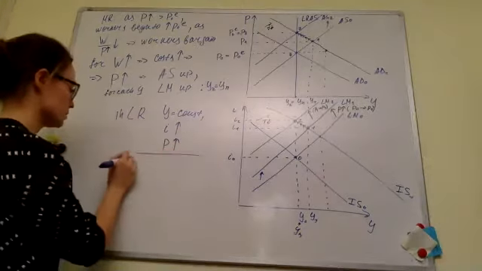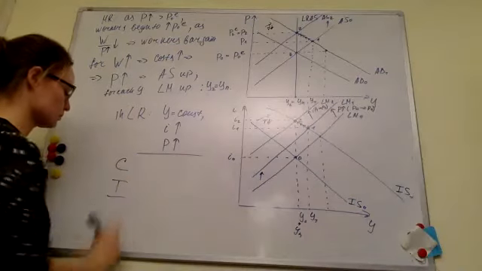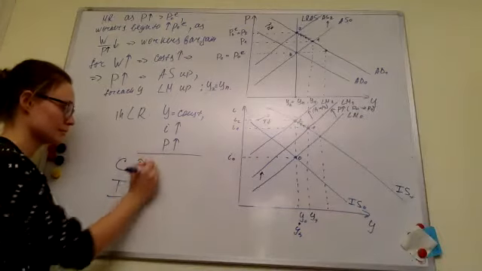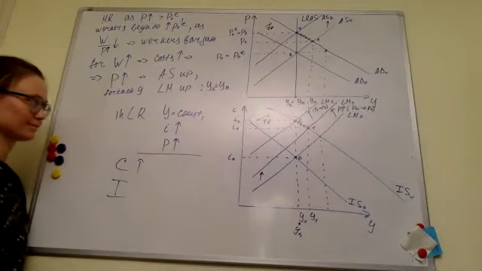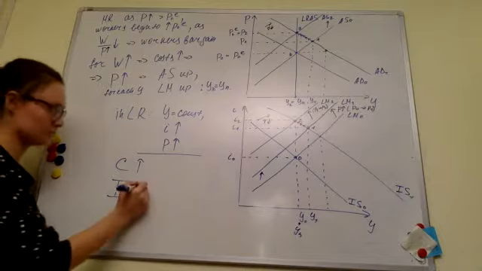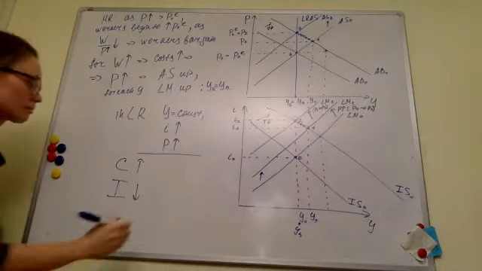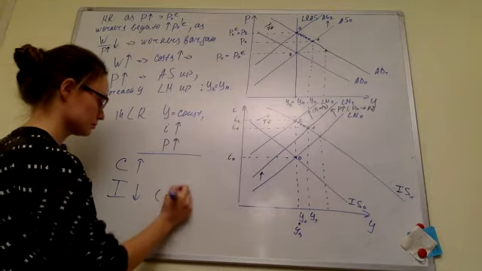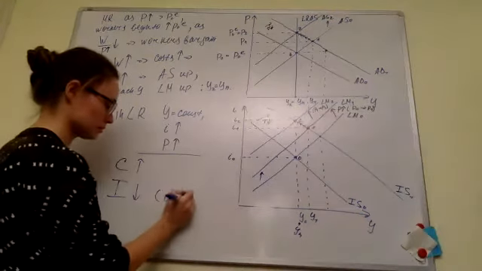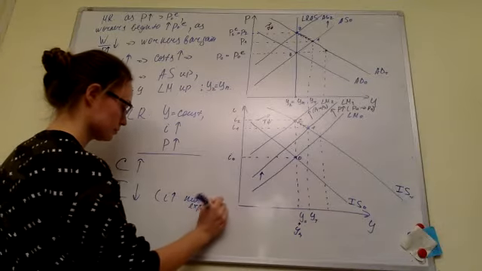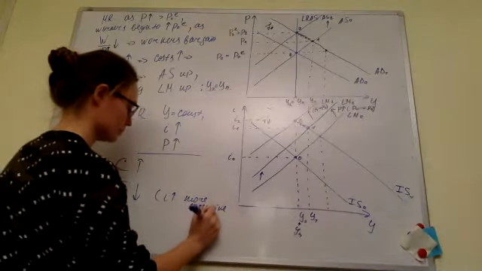Also, what we can say about consumption and investment: consumption increased, investment decreased, because our interest rate increased. And I think you explained it before, because it's expensive to borrow.